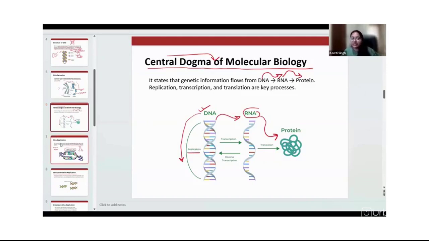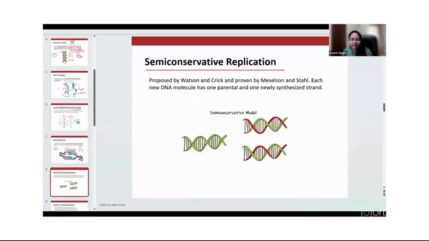So we are going to study that in the later stages of this chapter. First, you should have an idea that these are the processes undergone by the cell, right? So this replication is also known as semi-conservative. Why semi-conservative? Semi means somewhat an amount is conserved, right? Somewhat an amount will remain the same.